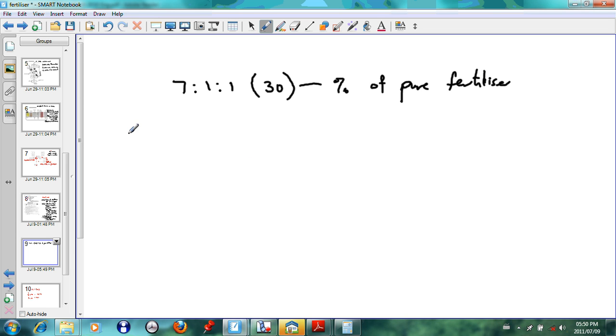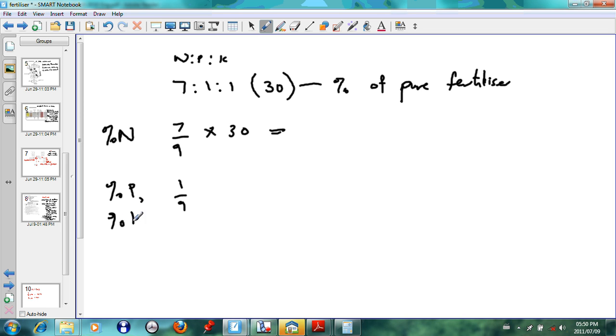So what percentage is nitrogen? If we look at it carefully, 7 parts is nitrogen, 1 part is phosphorus, 1 part is potassium. So 7 of the 9 parts is nitrogen, and then you multiply this by 30, and that will give us the percentage. And 1 of the 9 parts will be the percentage of phosphorus, and the percentage of potassium is 1 of the 9 parts times 30.